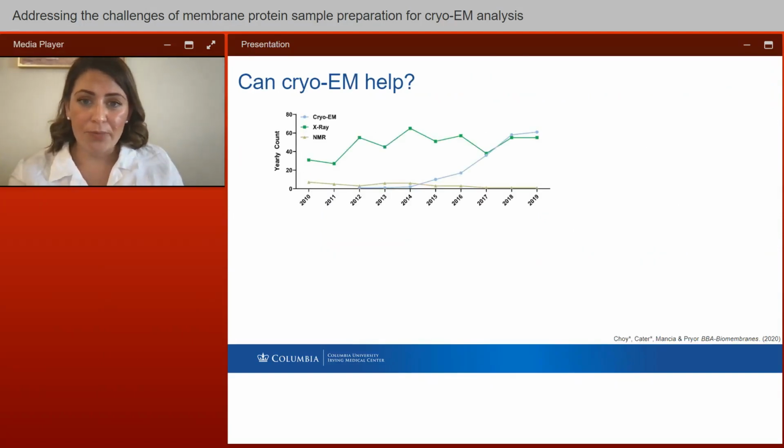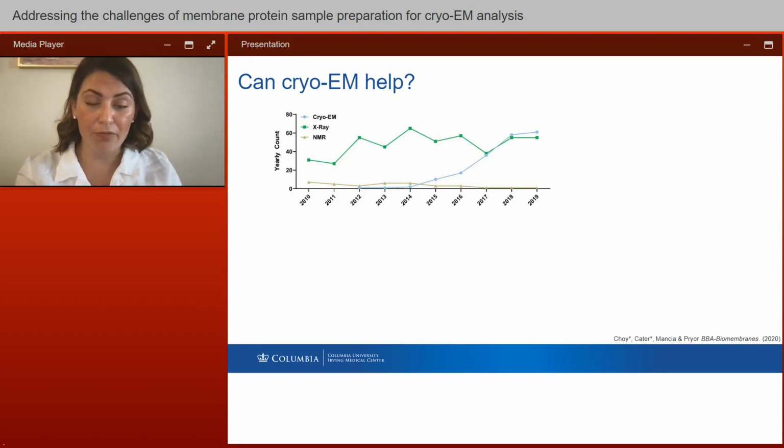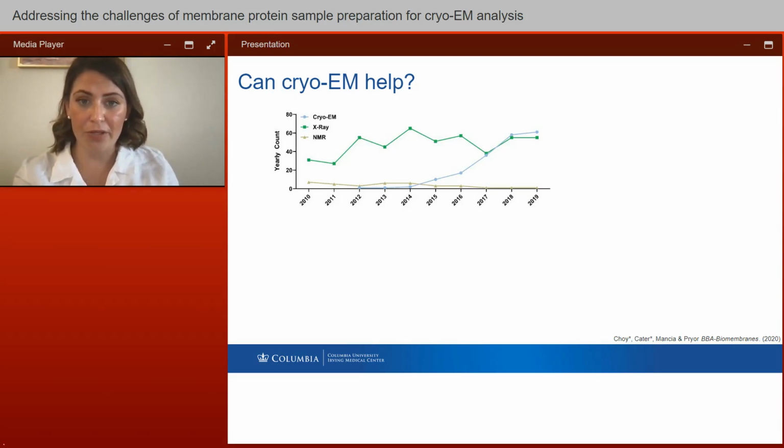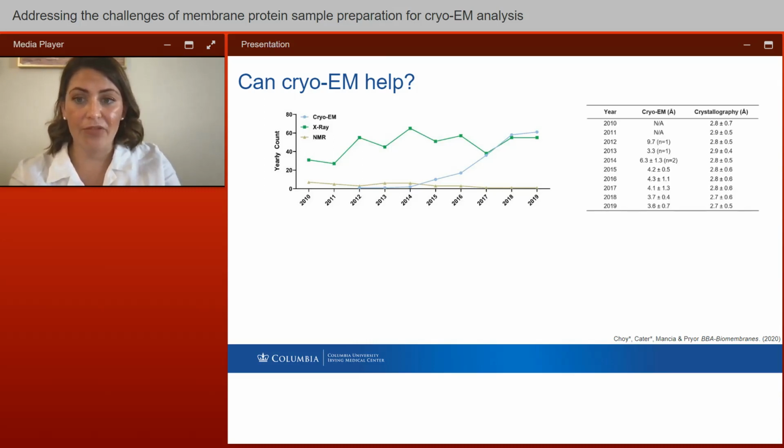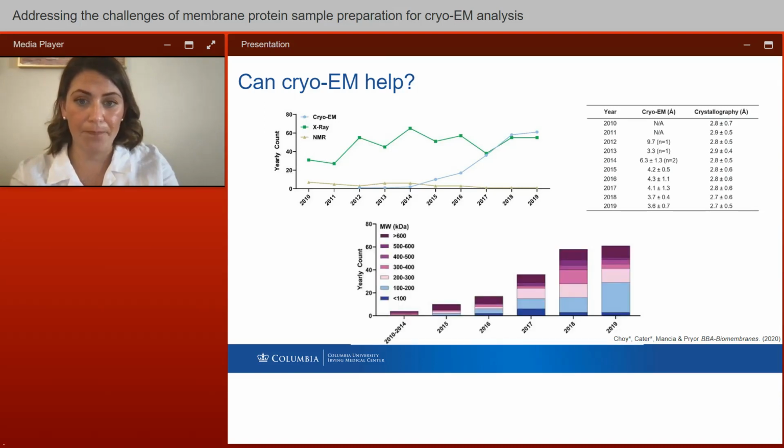So it was at this stage of the project that we started to consider if maybe cryo-EM could help us, because we know that over the last 10 years, the usage of cryo-EM to solve membrane proteins has dramatically increased to a point where it now overtakes that of X-ray crystallography, and that the average resolution of these structures is improving every single year.